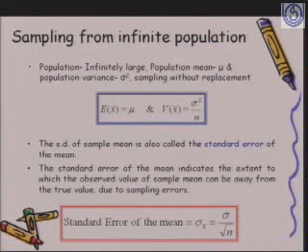I'll repeat it: the standard error is basically an estimate that indicates how much your observed value of the sample is deviating from the true value, and this is happening because of sampling error. So you define the standard error of the mean as sigma x bar, and it is given by sigma divided by square root of n.